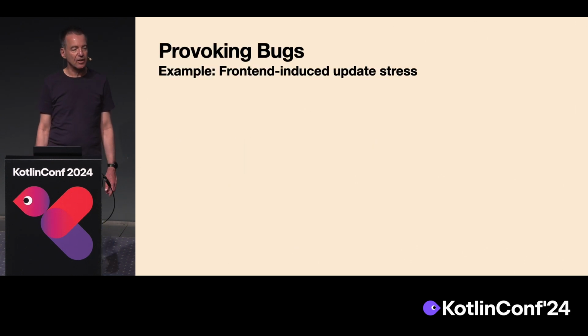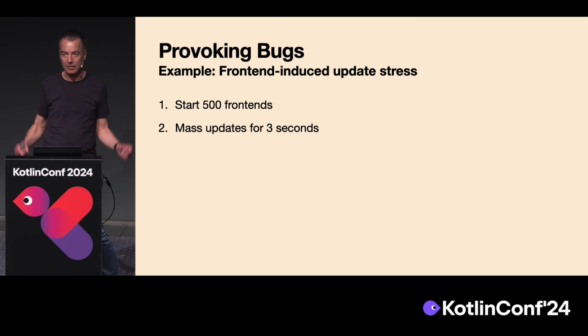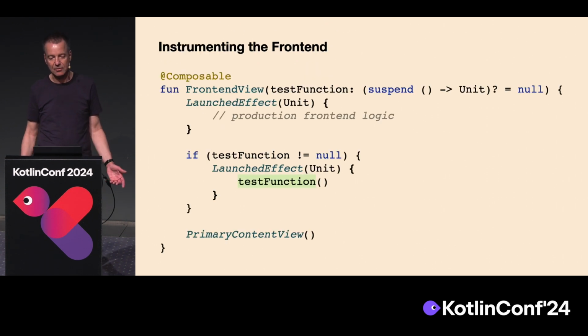An example is front-end induced update stress. So how can we achieve this? We start 500 frontends, then do mass updates for 3 seconds, so all frontends updating at the same time, and then stop 500 frontends. And then let the test check if everything arrives at the state we expect. So how could we achieve this? Implementing the front end would look like this.